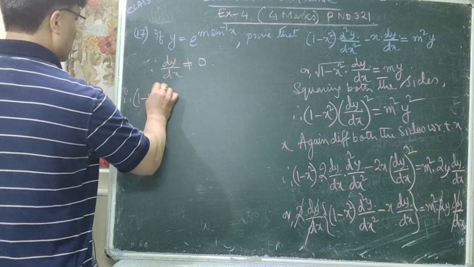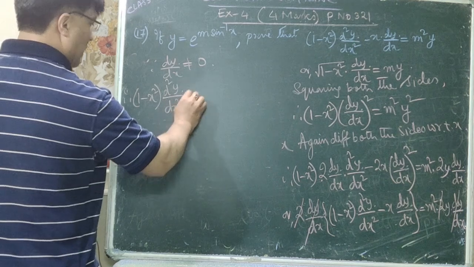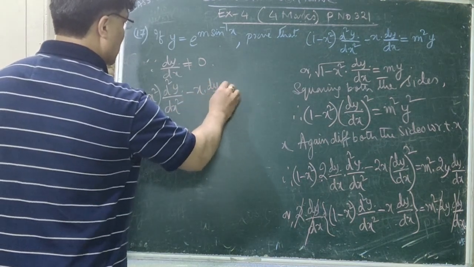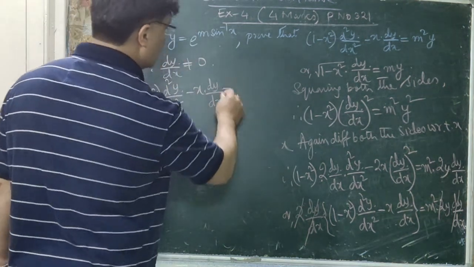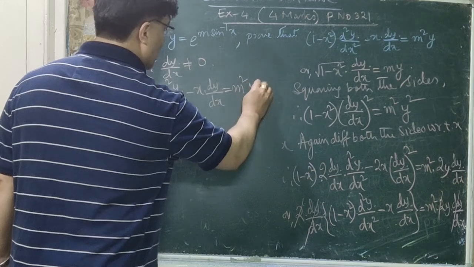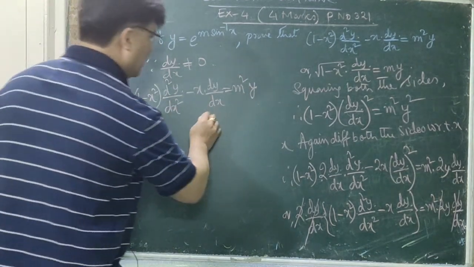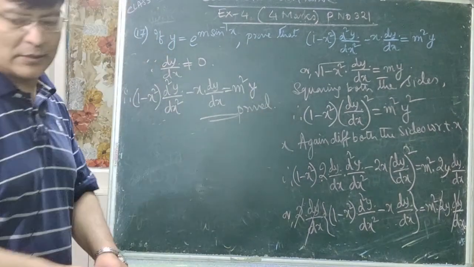Therefore, 1 minus x square into d2y by dx square, minus x dy by dx, which is equal to m square y. So we have proved it. So we can copy it.